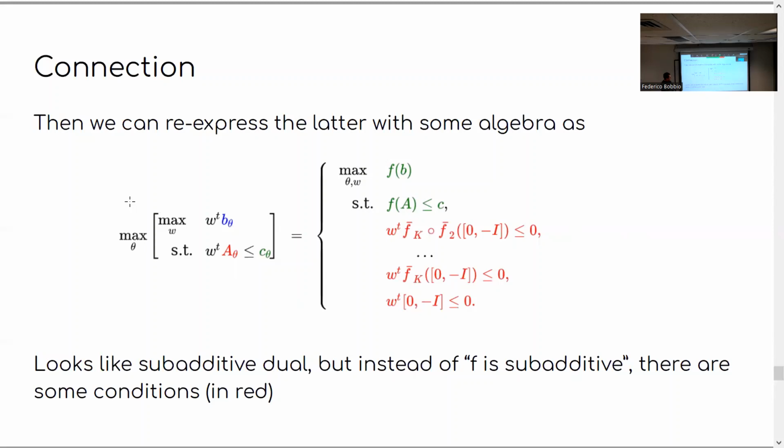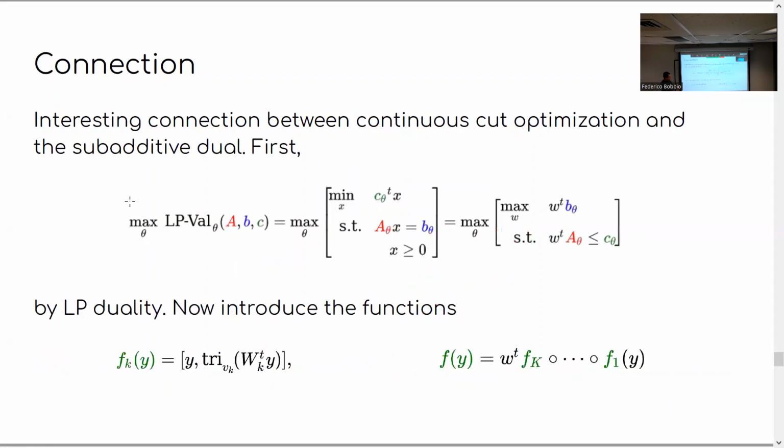Is it still related to the variables? Because you don't have really w transpose b theta, I mean, you have to expand it, but it's the same thing as f of b. Okay. Here f, again, I'm hiding notation because otherwise it would be too much, but it depends implicitly on theta and w.